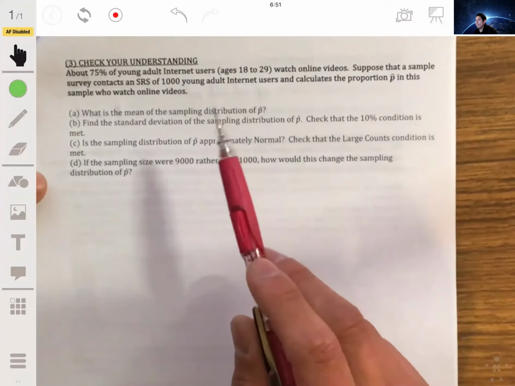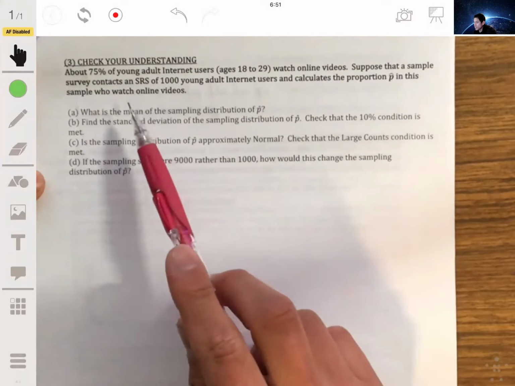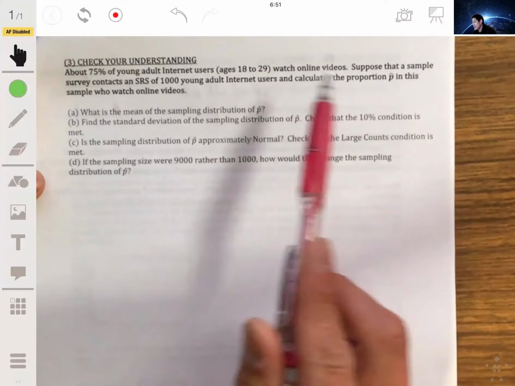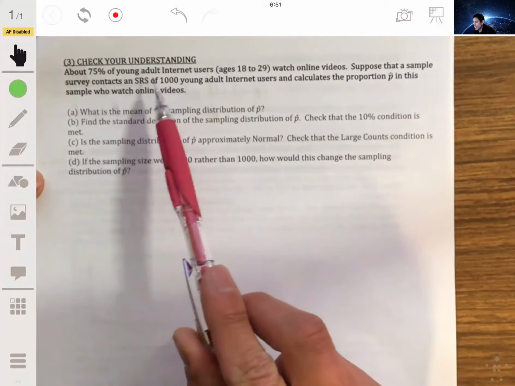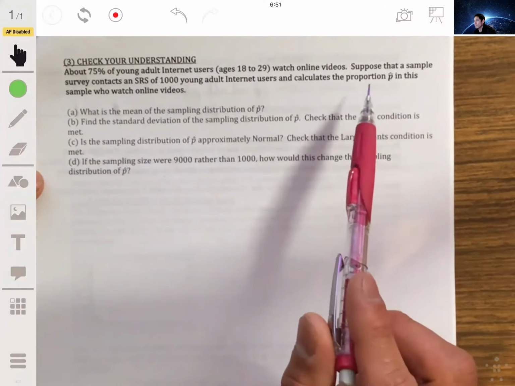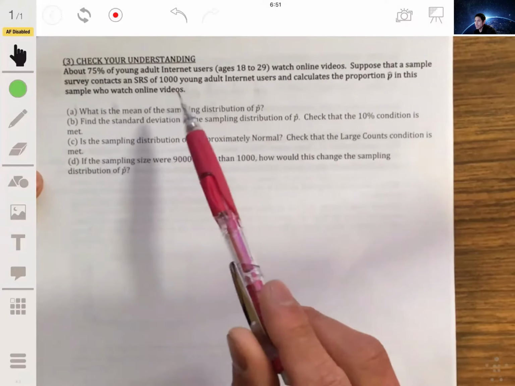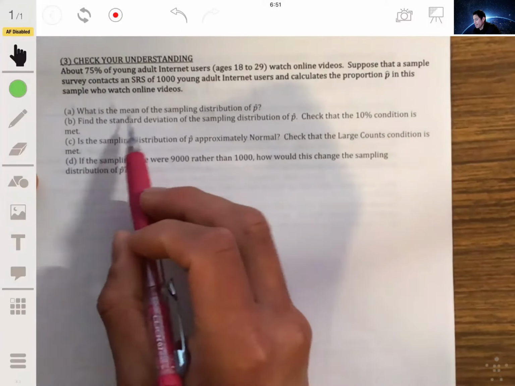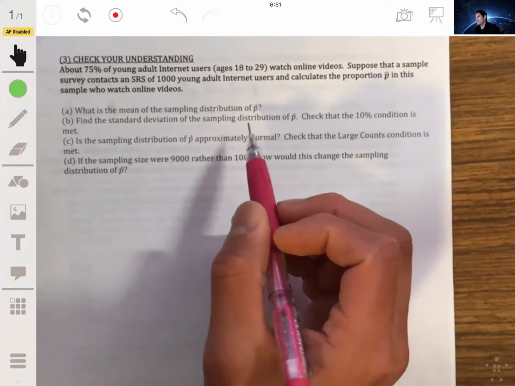Okay, so here we have that about 75% of young adult internet users, 18 to 29, watch online videos. And then they take a sample survey where they have 1,000 young adult internet users, and they calculate the proportion p-hat in the sample who watch the videos online. So what's going to be the mean of the sampling distribution of p-hat?